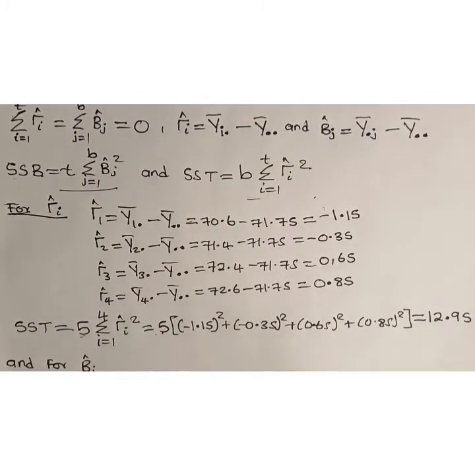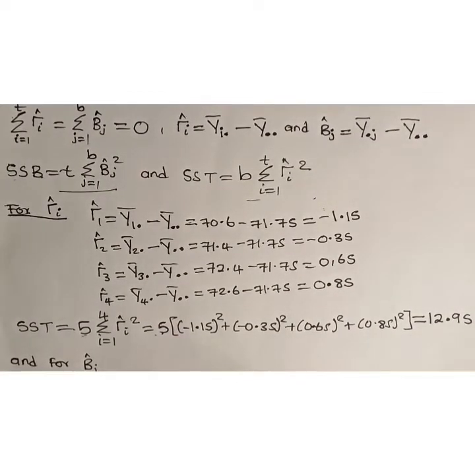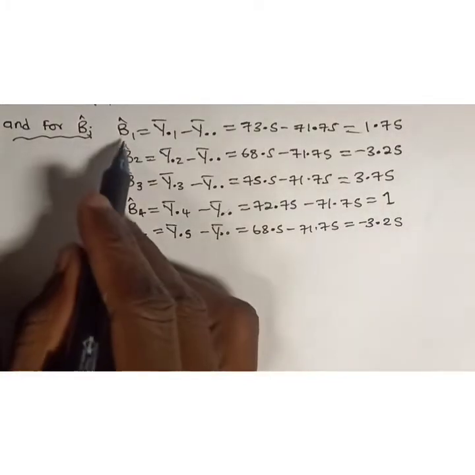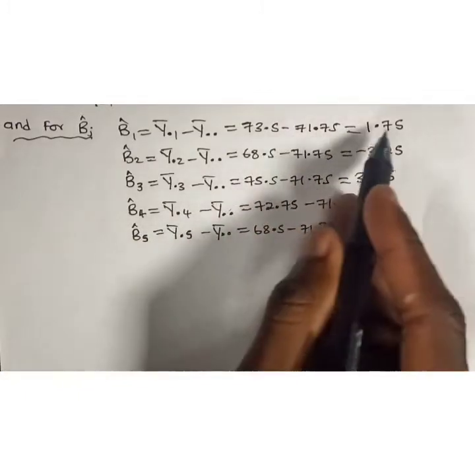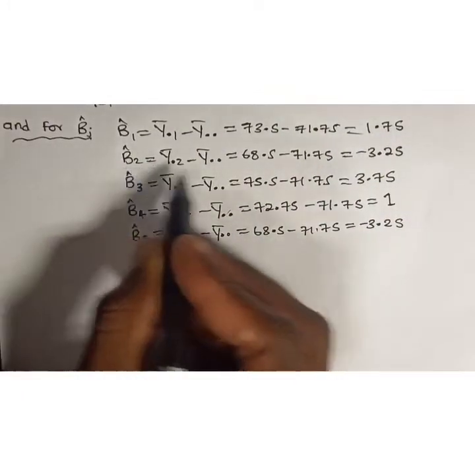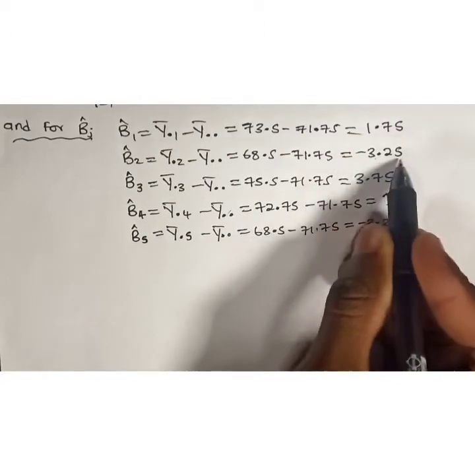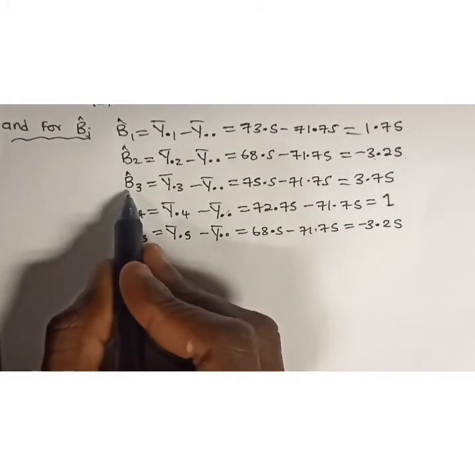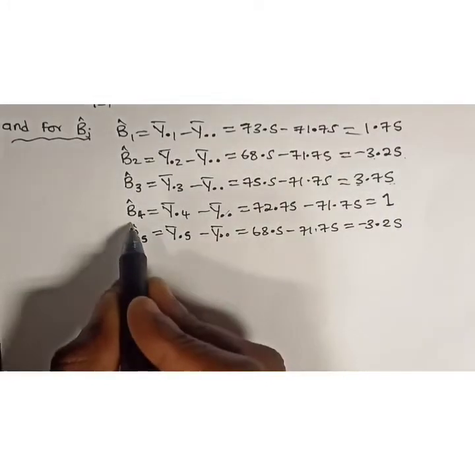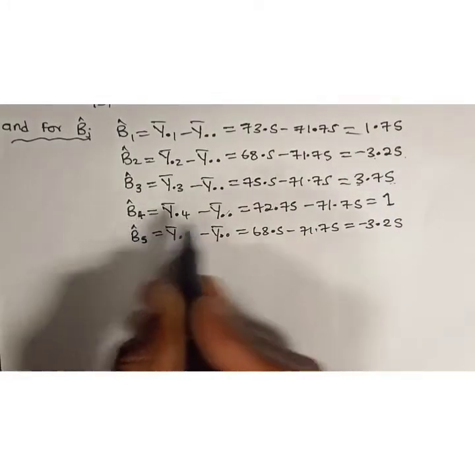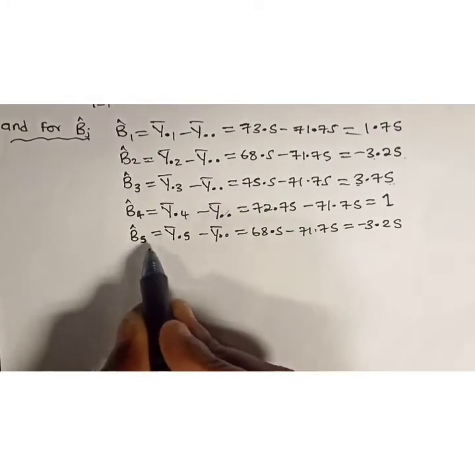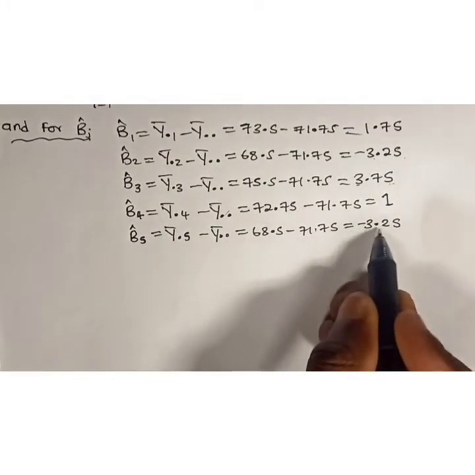And as for the effect of blocks, we have the estimated effect for block 1, which is 1.75, for block 2, negative 3.25, for block 3, 3.75, for block 4, 1, and for block 5, negative 3.25.